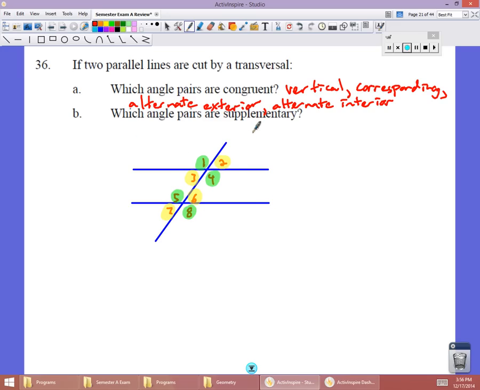Okay, which angle pairs are supplementary? So again, we have 1 and 2 are supplementary, because they're next to each other and together they form a straight line. That is what we call a linear pair. So linear pairs are supplementary. Also, if we look inside, we have angles 4 and 6 are going to add up to 180 degrees. Because they're on the inside, but they're on the same side of the transversal, we call those same side interior.